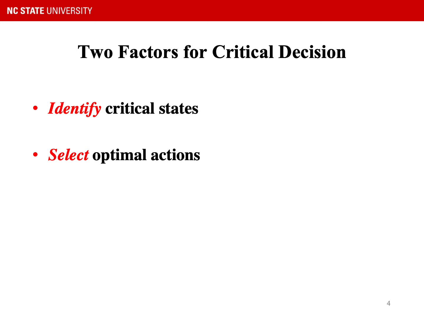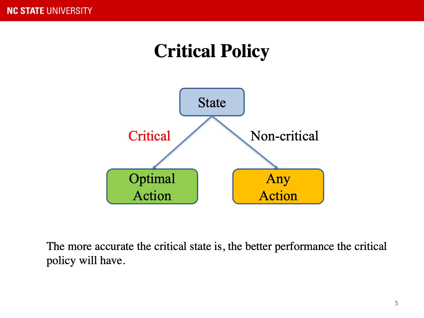This sounds obvious, but it is very important to separate these two processes in terms of evaluating critical decisions. To evaluate critical decisions, we propose a critical policy, which takes optimal actions in critical states and any action in non-critical states. Intuitively, the more accurate the critical state is, the better performance the critical policy will have.